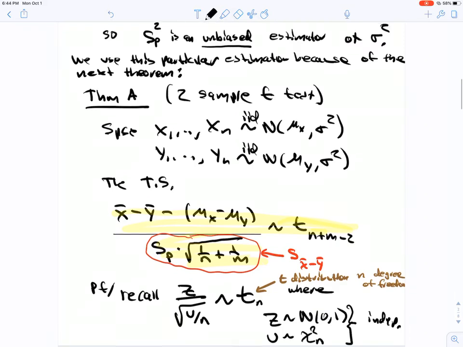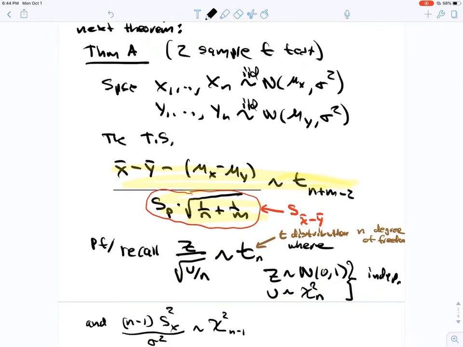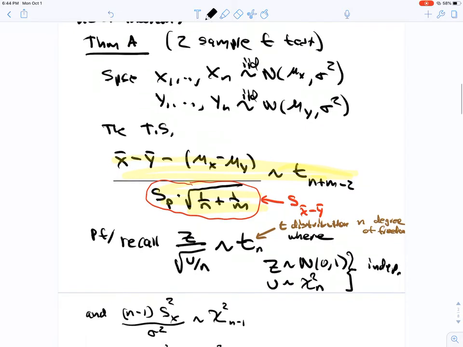And it has nice properties that if x1 to xn is IID normal, y1 to ym is IID normal, same variance, sigma squared, then the test statistic shown here has a t distribution.